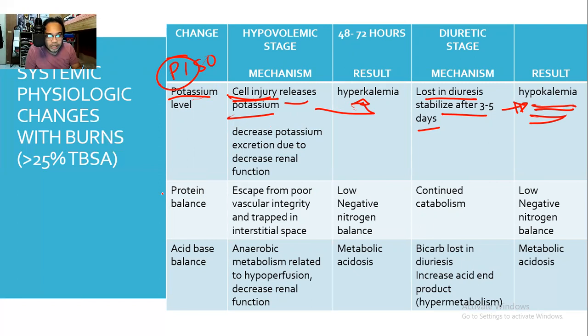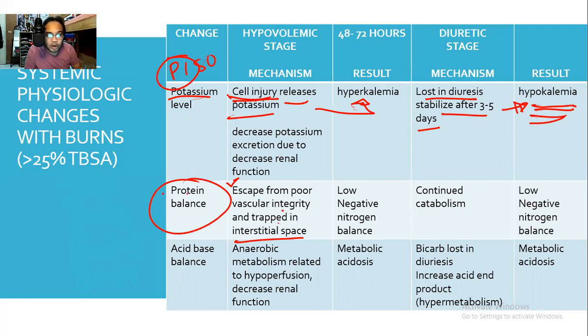Next, protein balance natin sa hypovolemic stage. There will be escape from poor vascular integrity and trapped in the interstitial space. Kaya din nga, this explanation will also add up to the shifting of your fluids from the intravascular going to your interstitial.